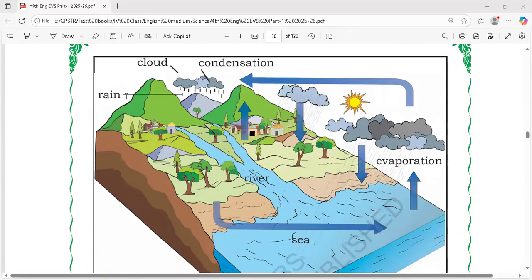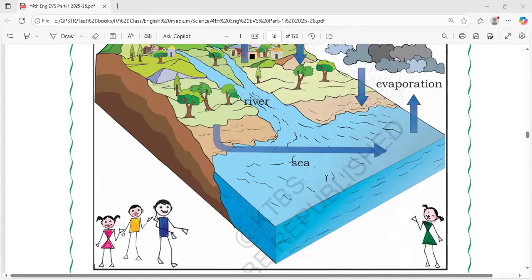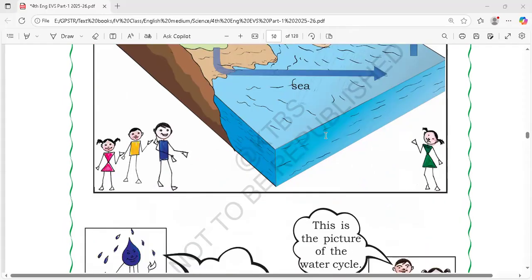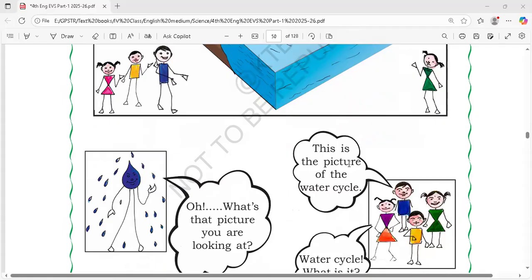Clouds, rain. This is the condensation process. River water joining sea and ocean, rain, and students are talking. Drop of water and students talking.